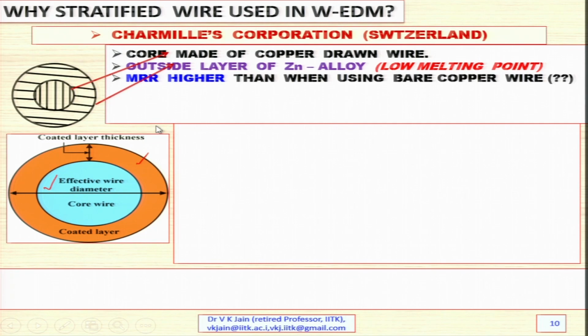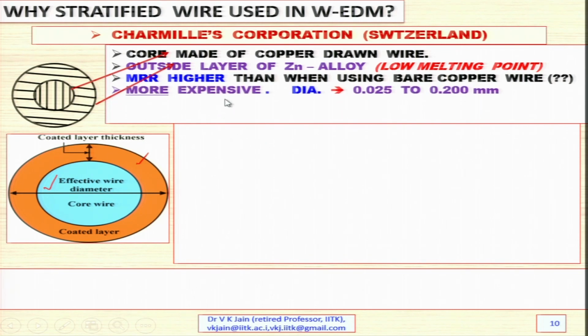When you are using this stratified wire, you can get a rather higher material removal rate compared to plain copper wire. Because of what happens, I will explain a little later.